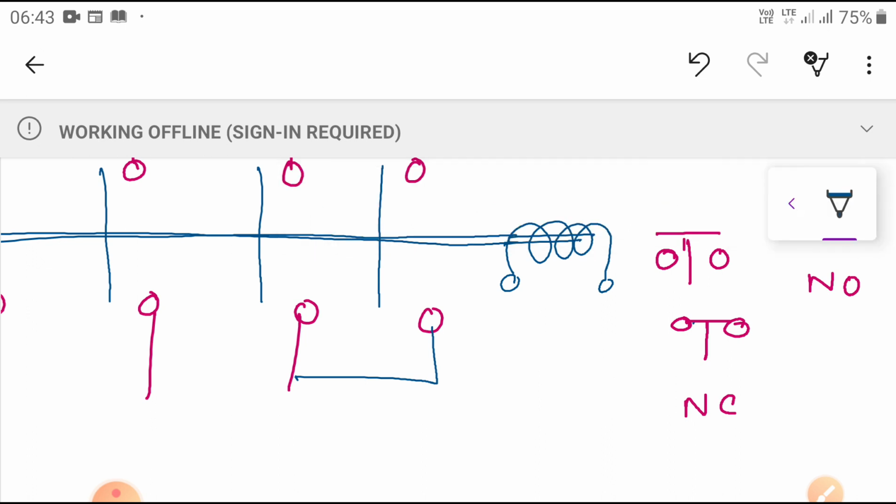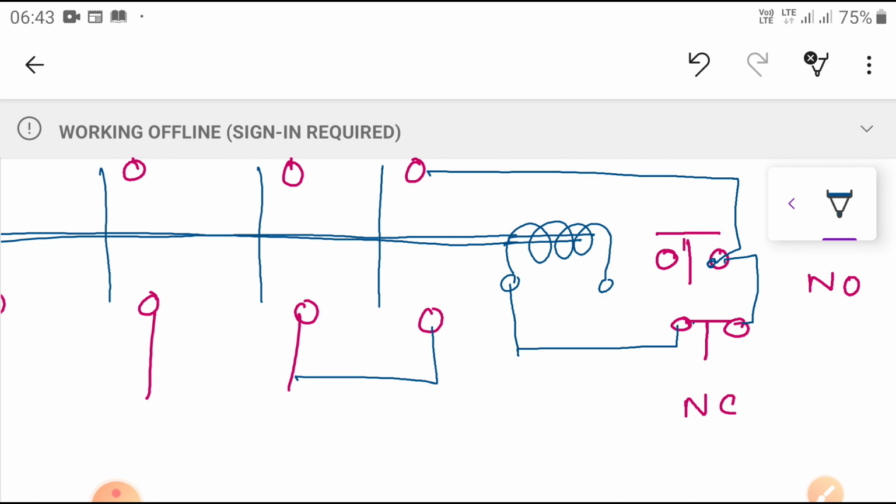Now I connected the coil. So here I connected one coil. This is connected to our terminal. Now this is connected here. So I connected here and I am connecting this to this terminal. That means from this two and this two it is going to here.